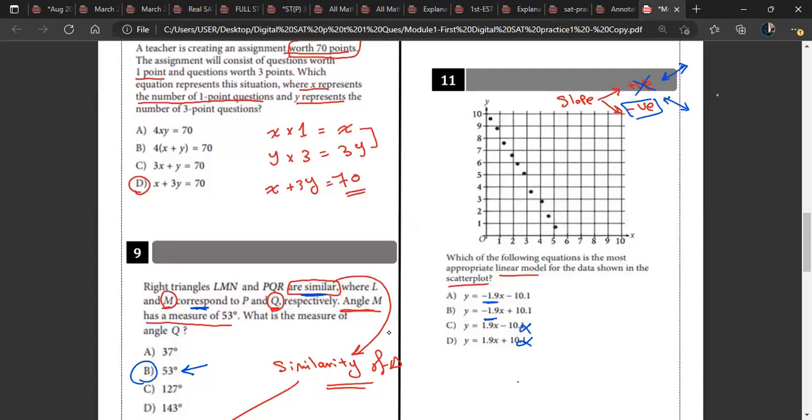How can you differentiate between the other two equations, A and B? Find the y-intercept. The y-intercept here may be positive, may be equal 0, may be negative. The intersection here, guys, positive or negative or equal 0?